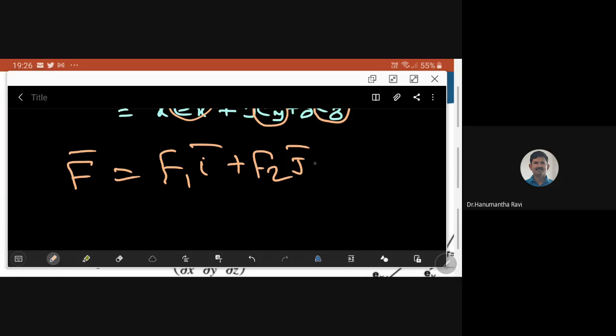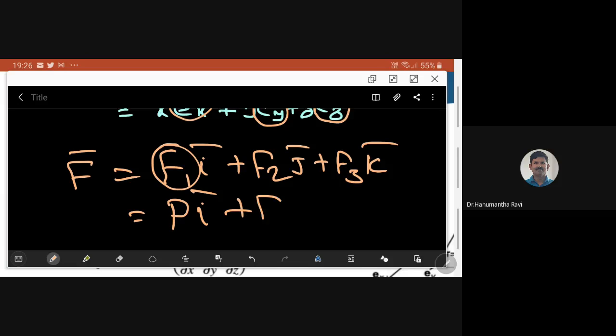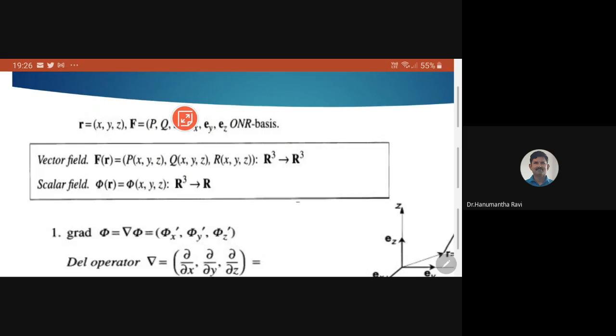In this presentation, f1 we write with i bar plus f2; in place of f2 we take j bar, and in place of f3 we take k bar. They are one and the same. That's what I would like to convey.